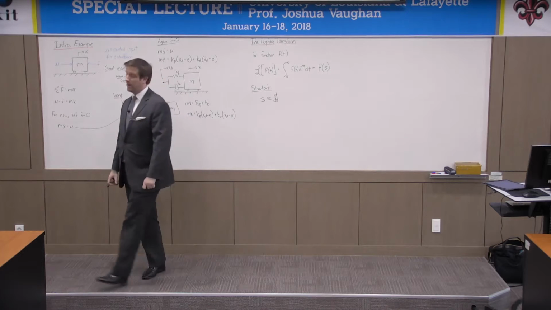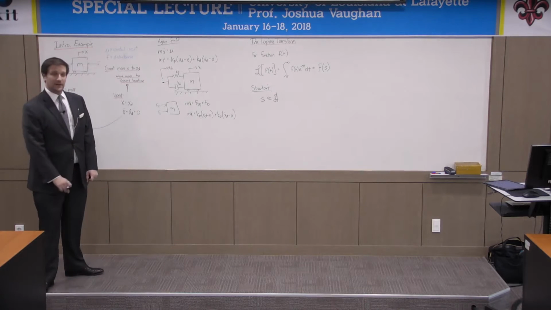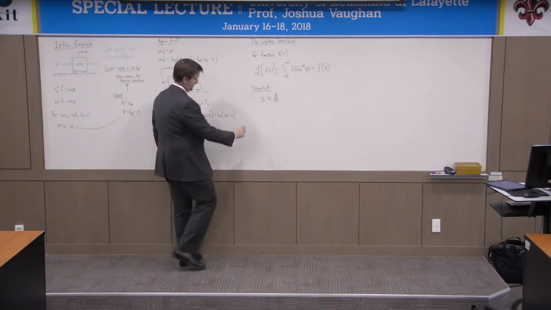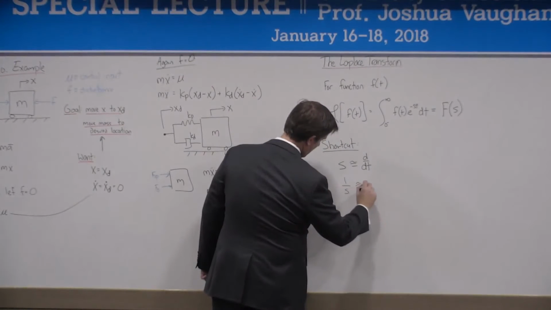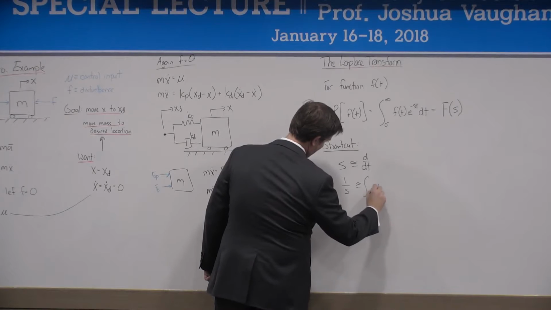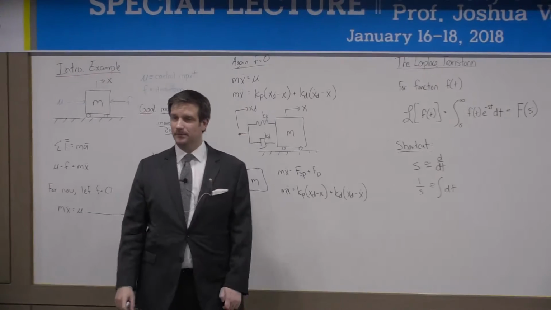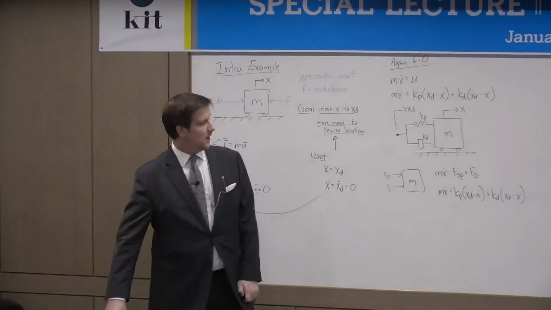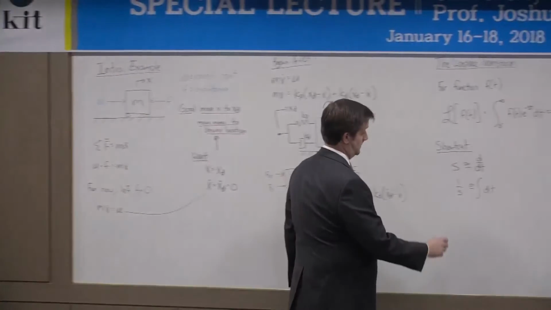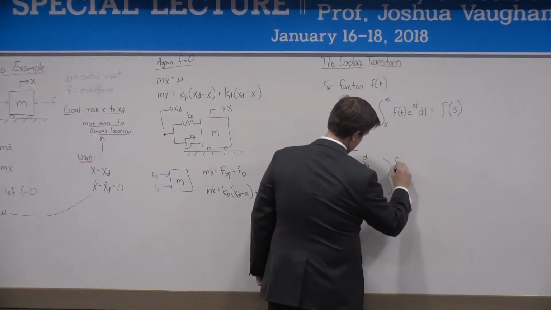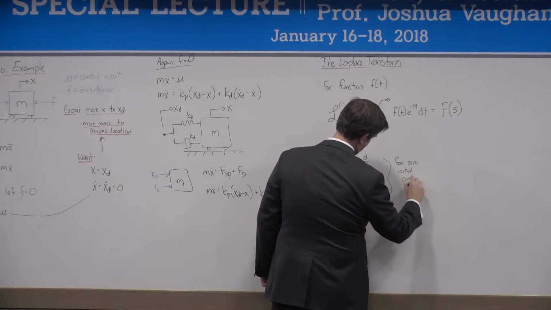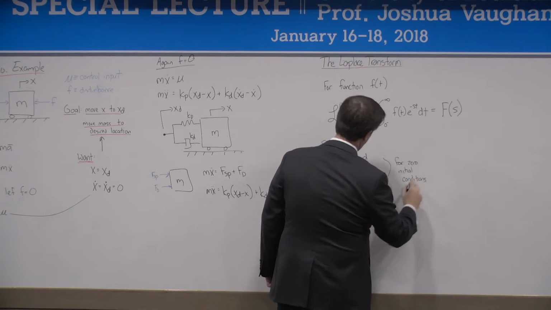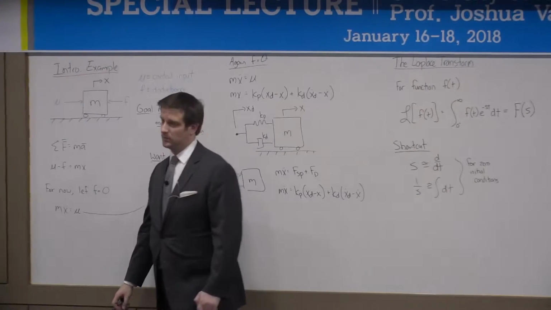Right? Kind of the shortcut, really, is to write s. It's kind of like taking the derivative, and then kind of like the integral of something. Okay. This is really only true if I have zero initial conditions, as we'll see.